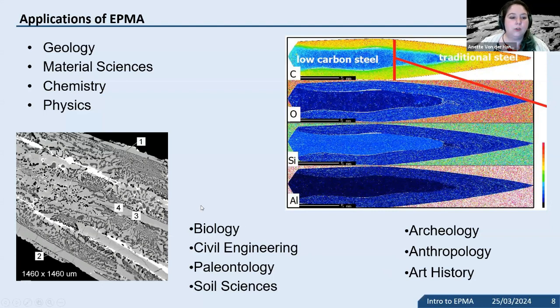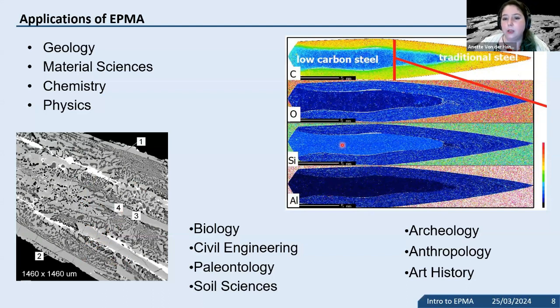And so here are two examples. This is a slag, a piece of steel, where people are interested in how homogeneous it is. And here is a nice example from the JEOL website, a samurai sword.